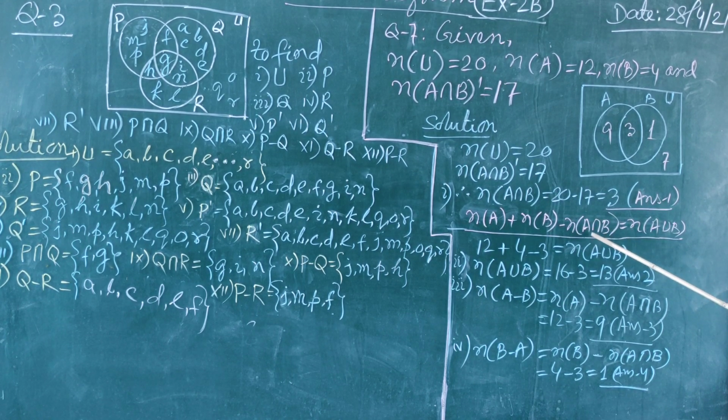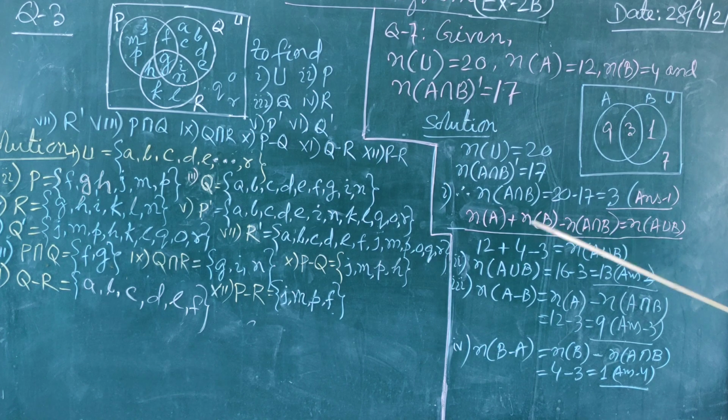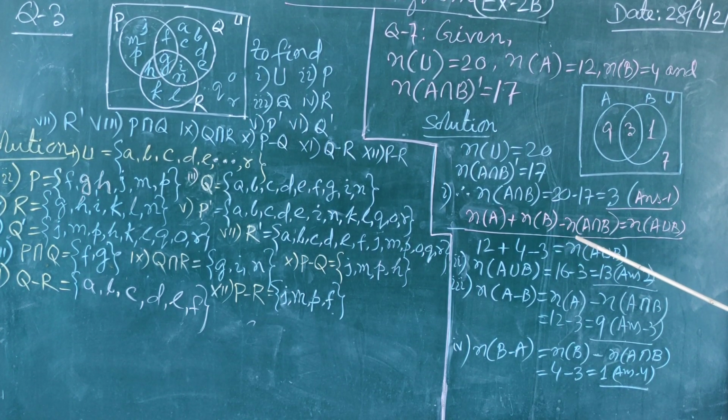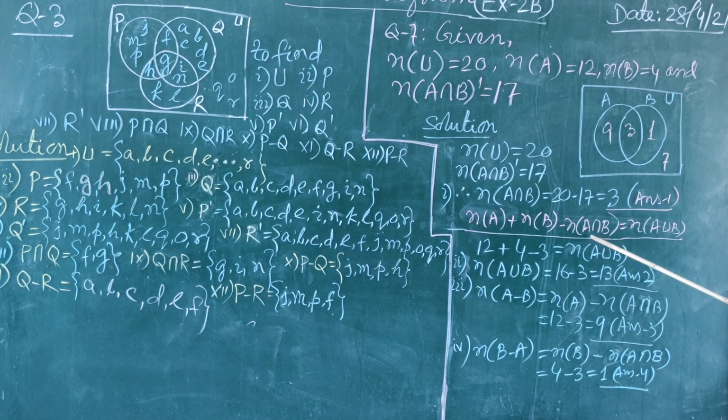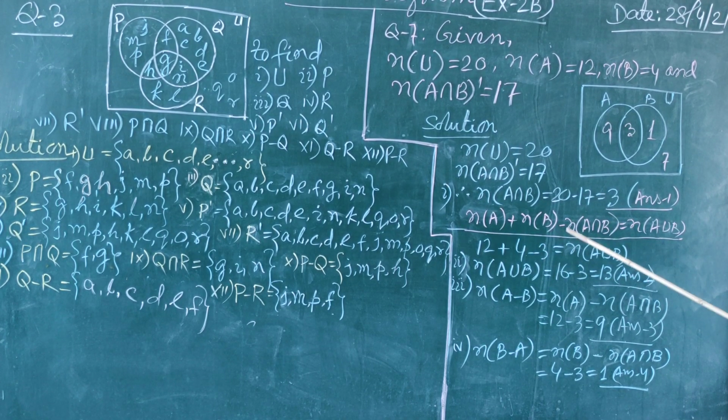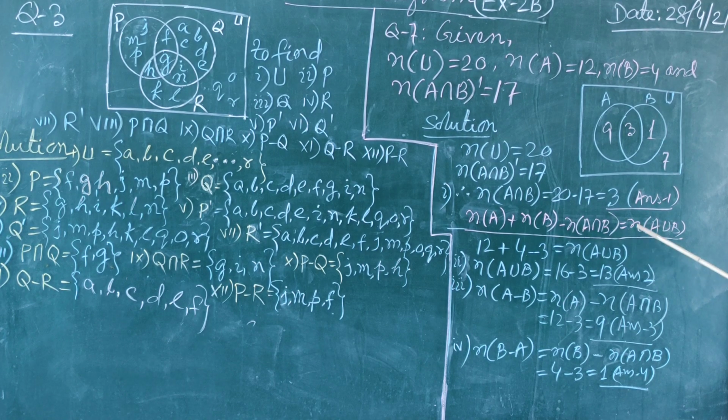If you subtract the intersection part from the sum of the cardinal numbers of both sets, you will get the union part. If you subtract the union part, you will get the intersection part. So n(A) plus n(B) minus n(A intersection B) will be n(A union B).